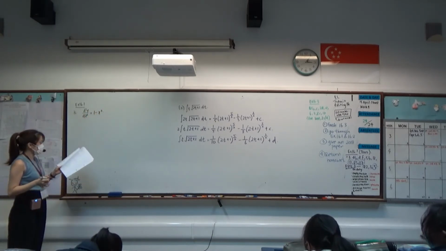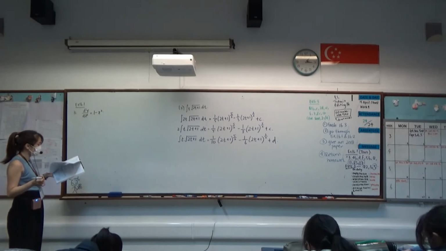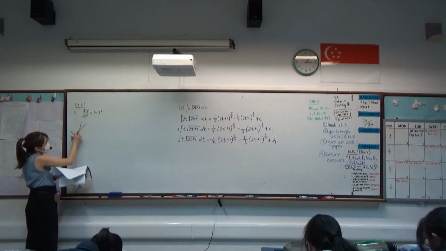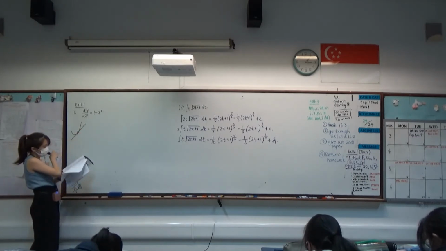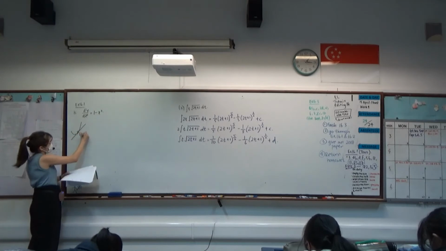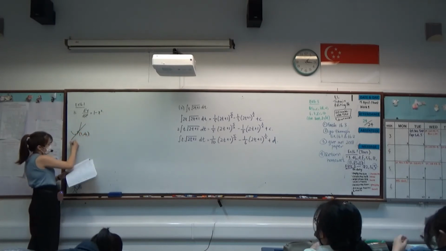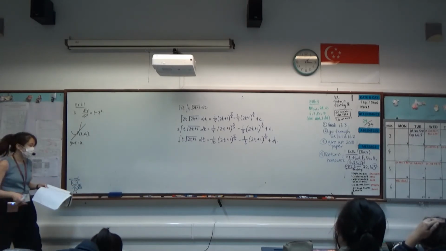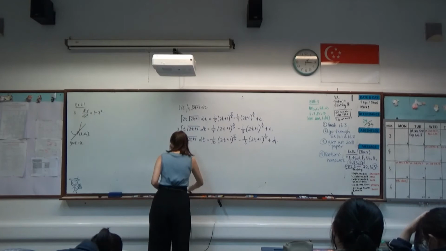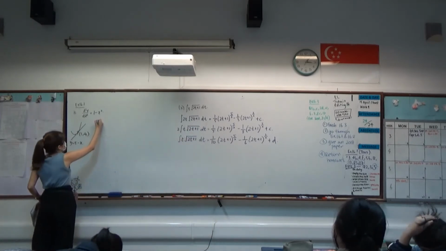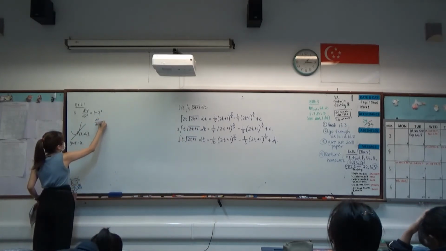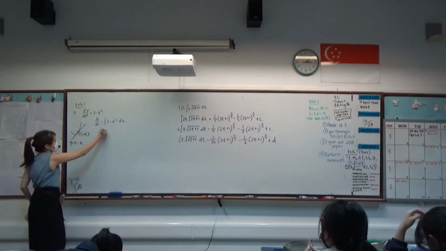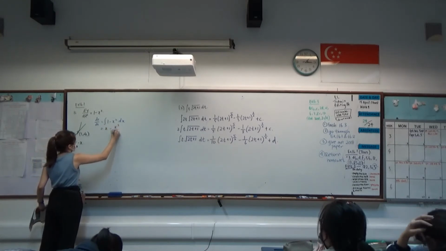It says the equation of the tangent to the curve at the point 1, 4. So always draw it out. Tangent to the curve at the point 1, 4. Okay, this line has the equation y equals to 5 minus x. We want to find the equation of the curve, so we need to integrate twice. So that means your dy over dx is to integrate 1 minus x squared. We get x minus x cubed over 3 plus c.